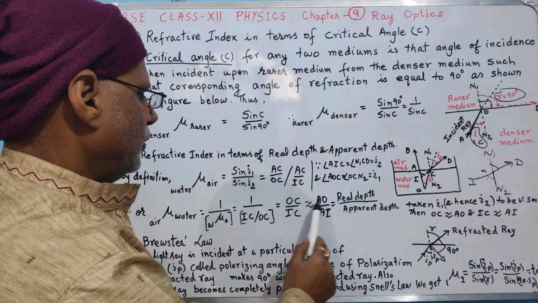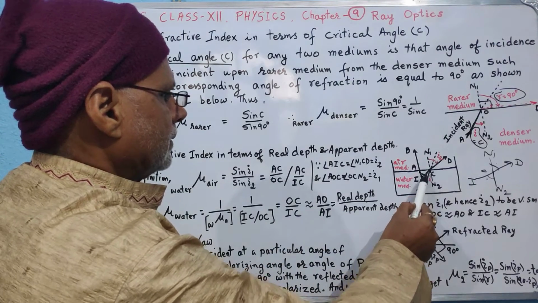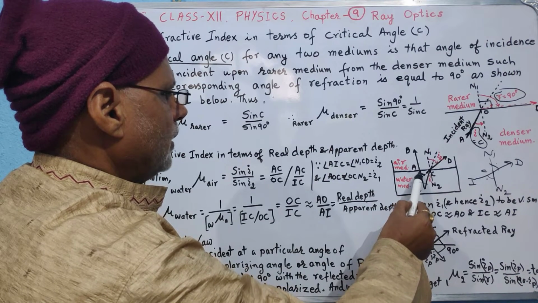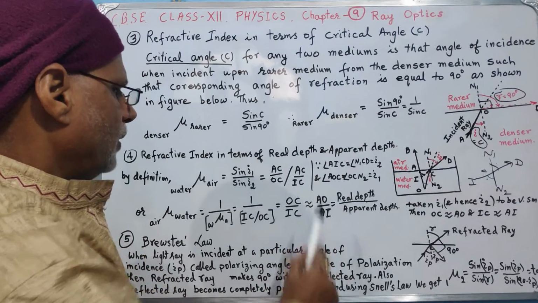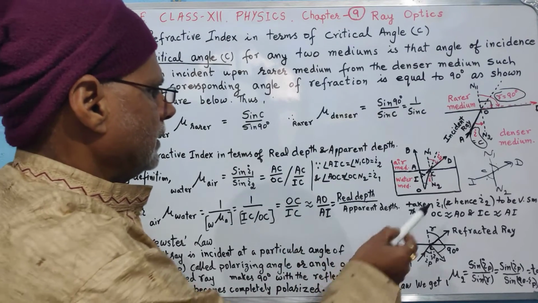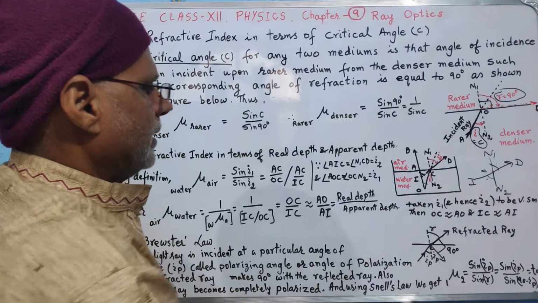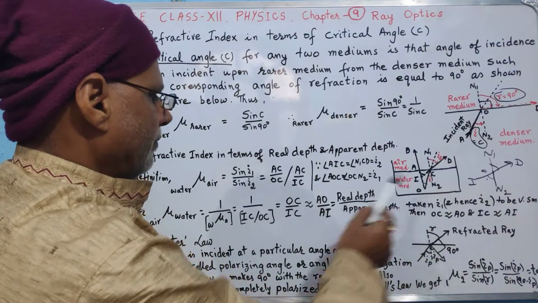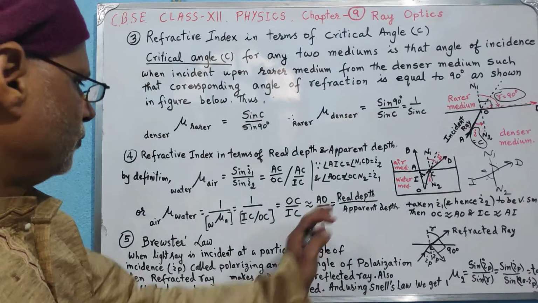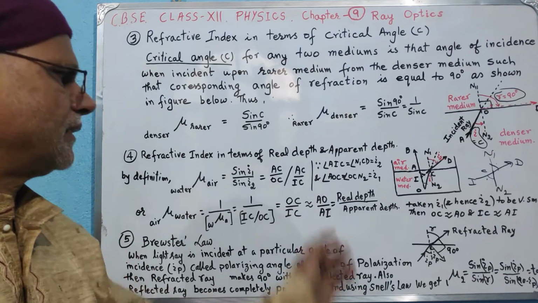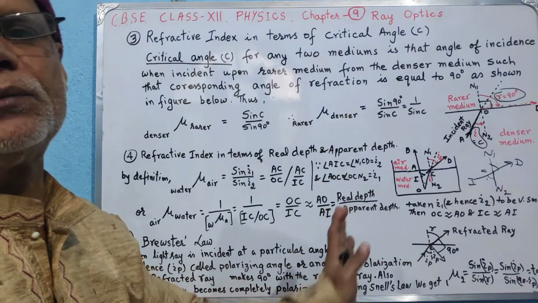So for OC we write AO, and for side IC it becomes nearly equal to AI. So we write OC upon IC equal to AO upon AI, and AO is nothing but the real depth. Here we have the object inside the water, so real depth divided by apparent depth. We have to remember that this expression is valid only so long as i is taken to be very small.